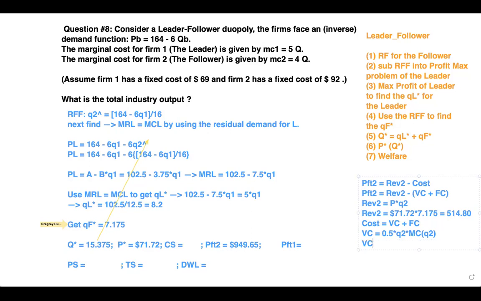Does everybody agree with me? Are you okay, Michael left? Yeah, makes sense. So that would be 0.5 times our Q2, which is 7.175, times our marginal cost function, which is 4 times 7.175.